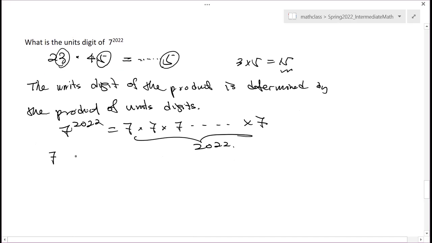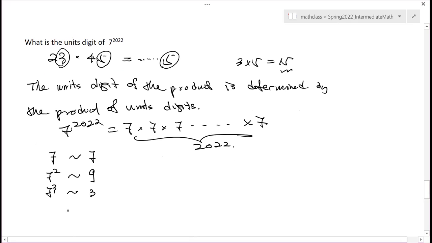7, and I only record the last digit. The last digit is 7. 7 squared, the last digit is 9. 7 cubed, that would be 7 times 9, 63, so the last digit is 3.